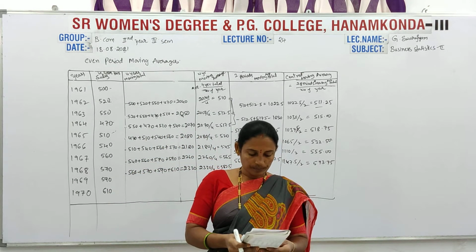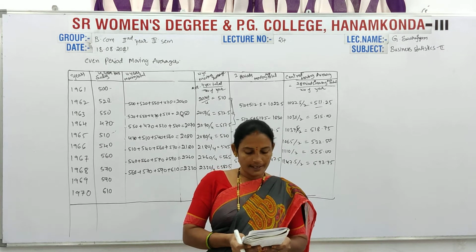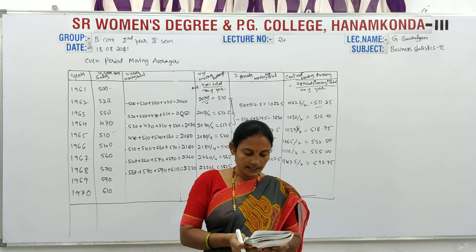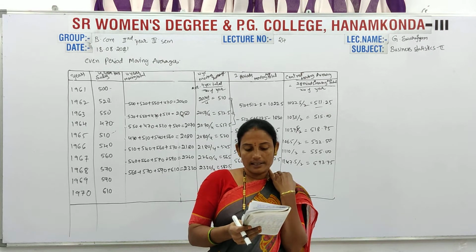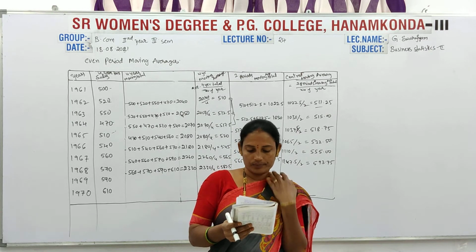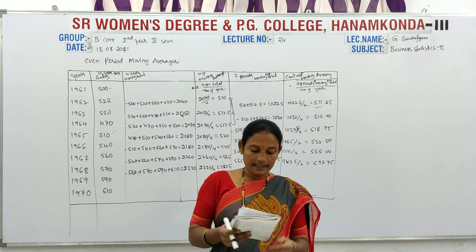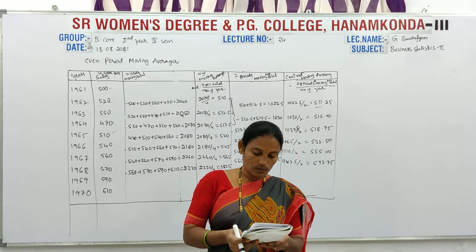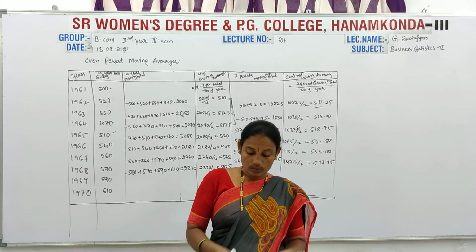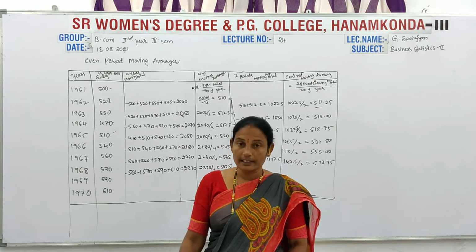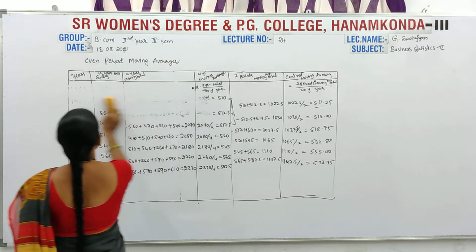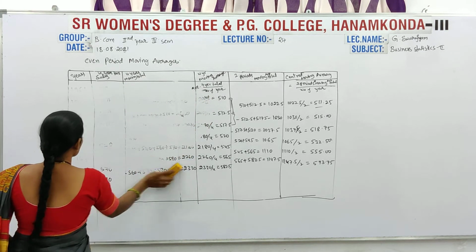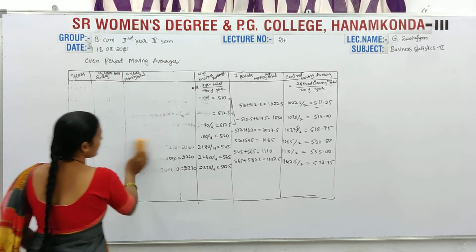Next problem: compute the 4 yearly moving average from the following data. Show the original data and trend values on a graph. Okay, here we have the graph calculation also. We have to calculate the graphs. Same as the central values, he also asked for the calculation.